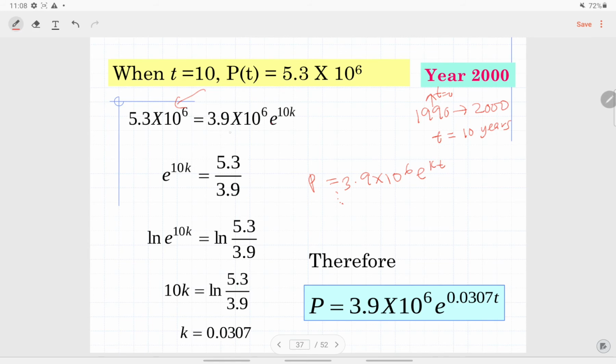Here we multiply, so bring to the left hand side, you can get 5.3 over 3.9, and then we can get the value of k, 0.03007. So therefore the population P is 3.9 million exponential 0.0307t, the general form.